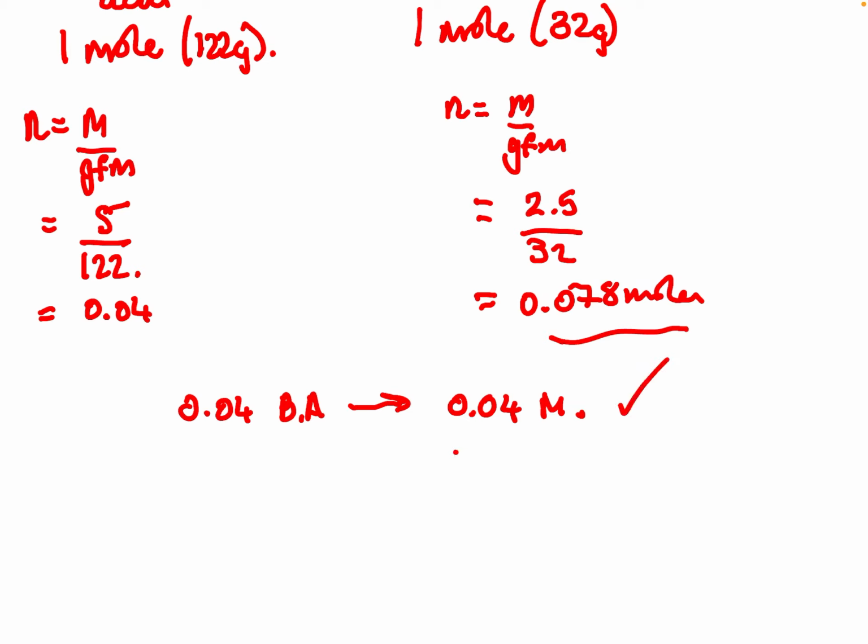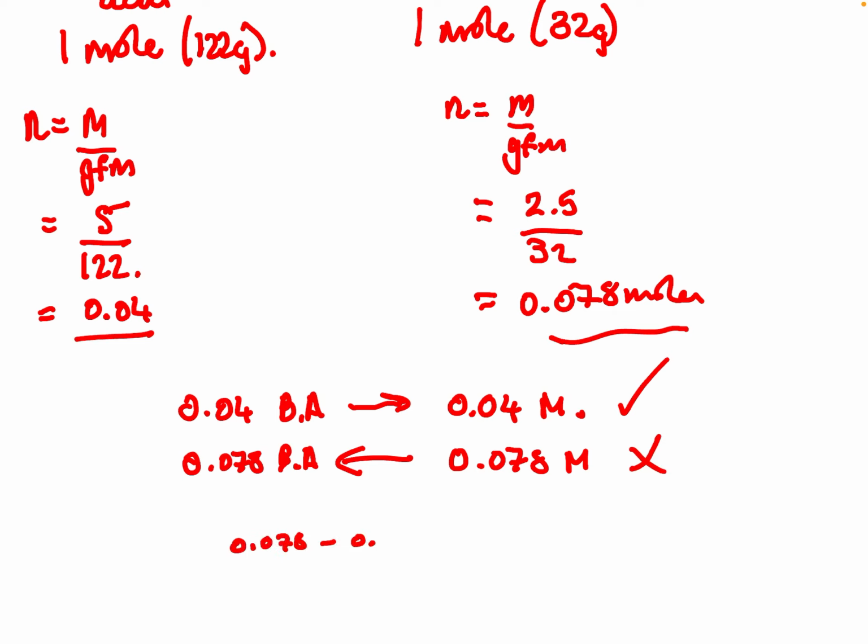That would work. However, if I try to use 0.078 moles of methanol, then I would need 0.078 moles of benzoic acid, which I do not have. I've only got 0.04. So I am missing 0.078 take away 0.04. I'm just going to calculate this quickly.